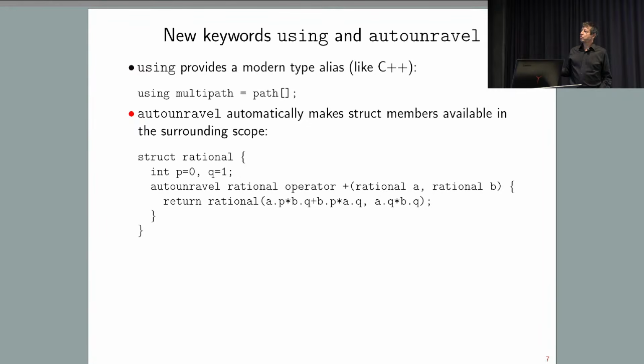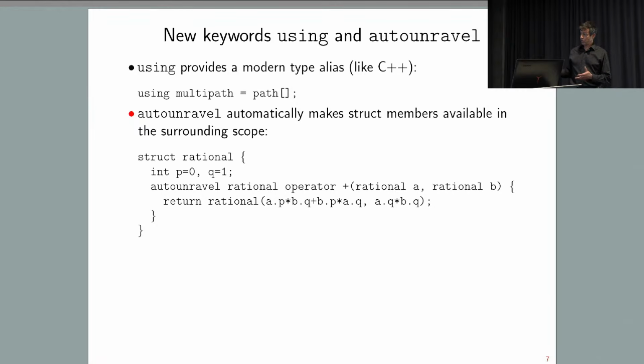And there's also a new auto unravel feature, which is quite convenient. What that does is if you have, say, a structure with a member function, an operator plus, that operates on two of those structures, rational, for example. This is an example of a structure that implements rational numbers, and you want to add two rational numbers.